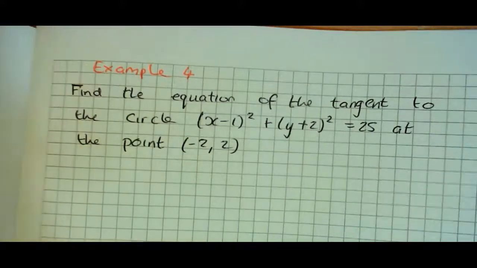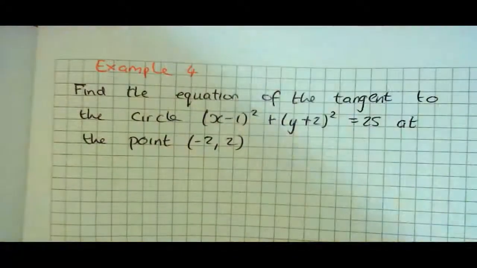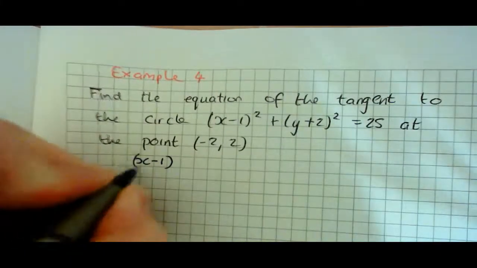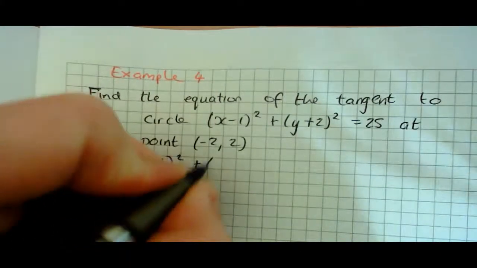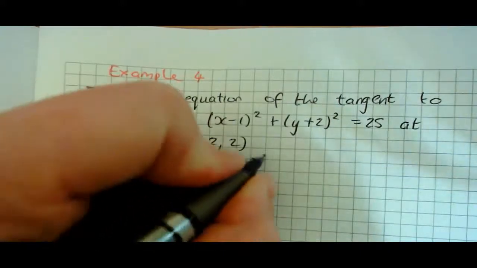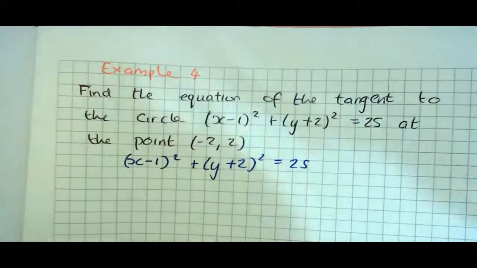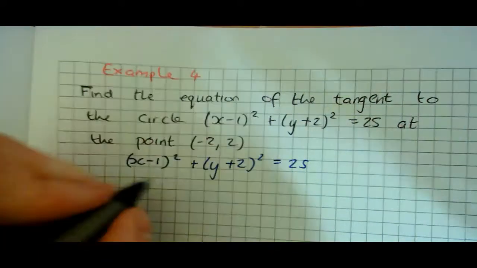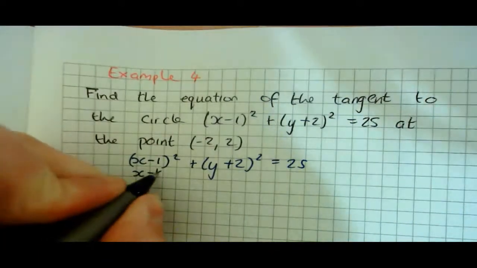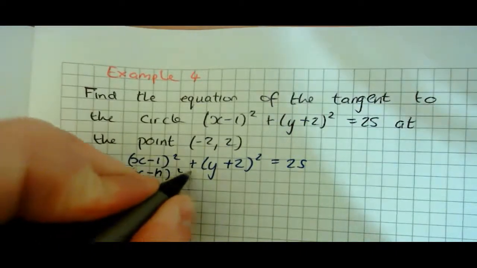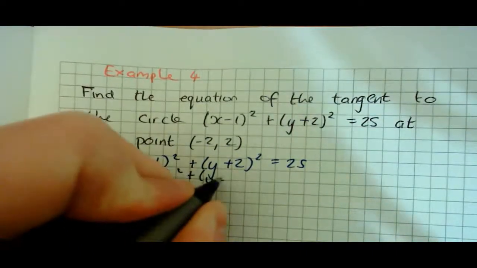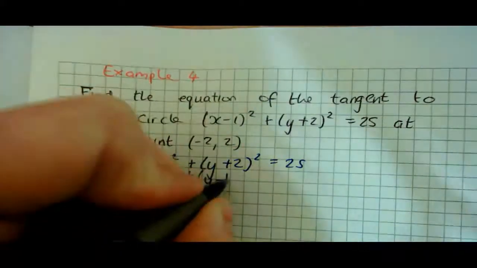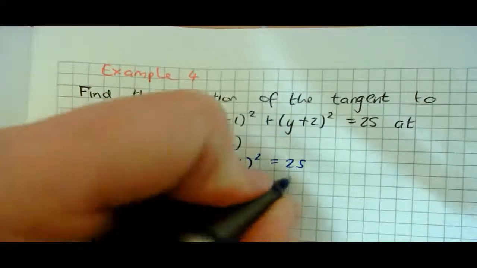Okay, so we can use the equation of the circle. So we know that (x minus 1) squared plus (y plus 2) squared is equal to 25. So we can say that (x minus h) squared plus (y minus k) squared is equal to r squared.